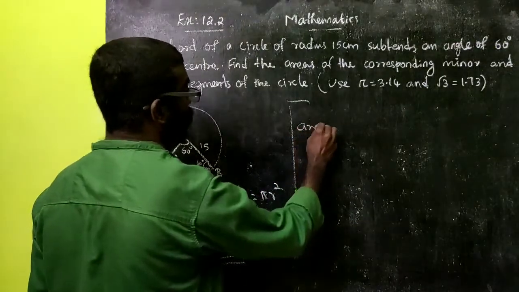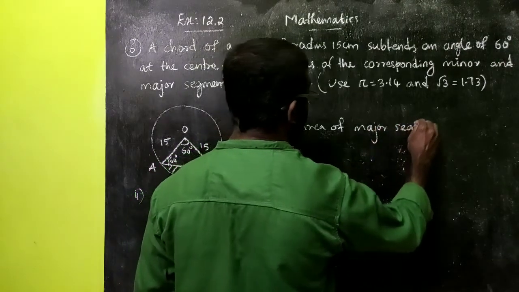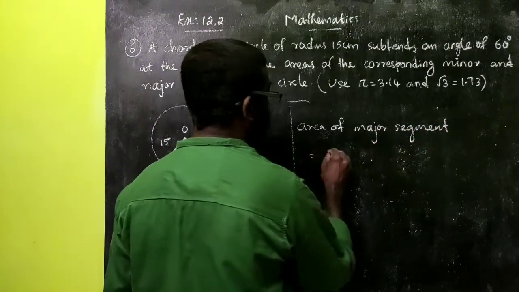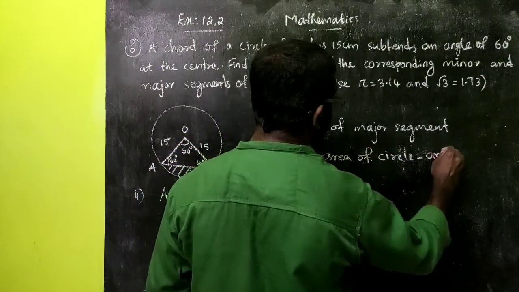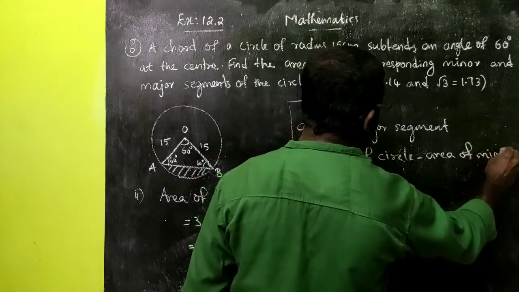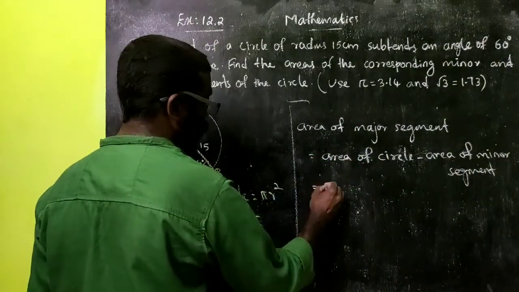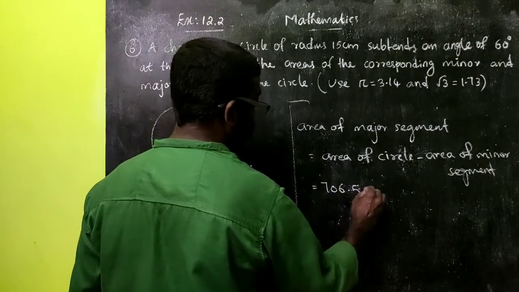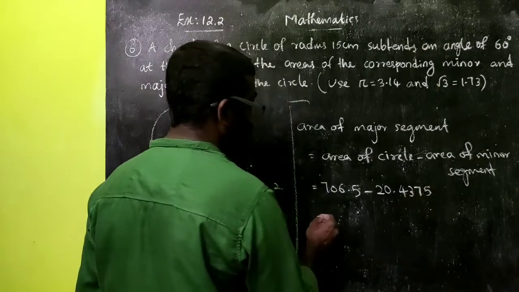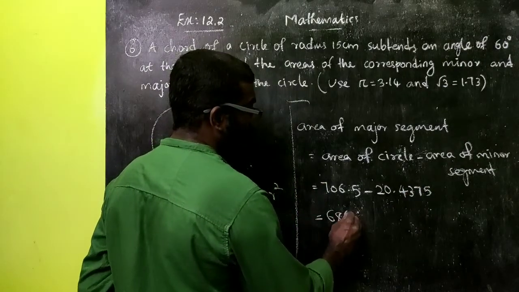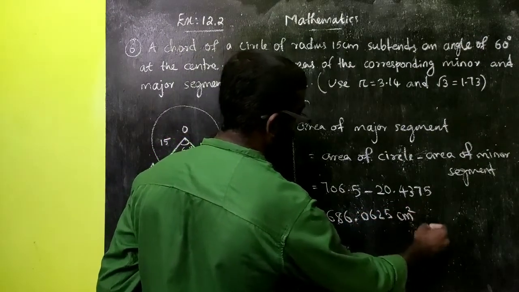Now area of major segment is equal to area of circle minus area of minor segment, which is equal to 706.5 minus 20.4375, which is equal to 686.0625 centimeter square.